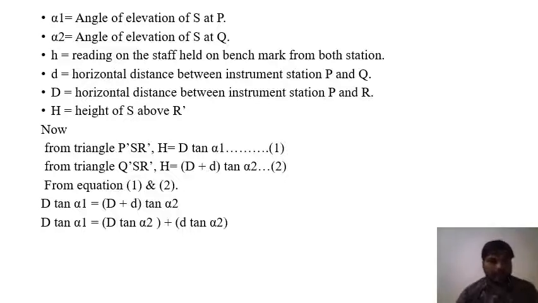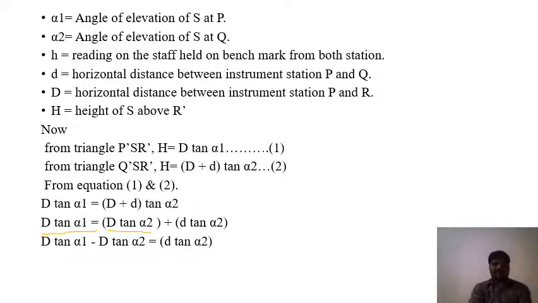Now what I can do is, what I am seeing here, both are the same. There is a D common, so I can take it out. If I get D tan alpha 2 to the other side, then it will be minus, so D tan alpha 1 minus D tan alpha 2 is equal to small d tan alpha 2.